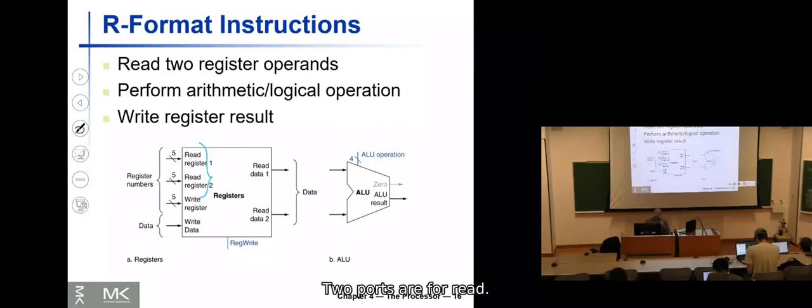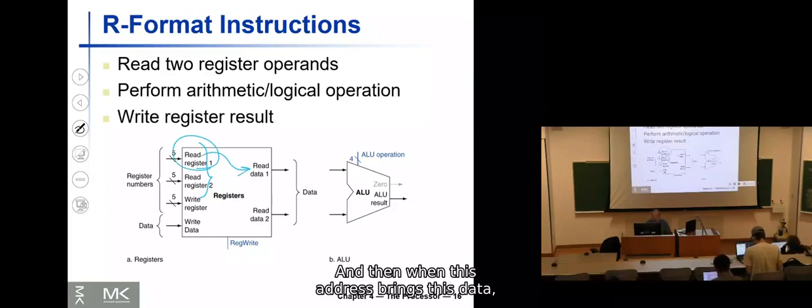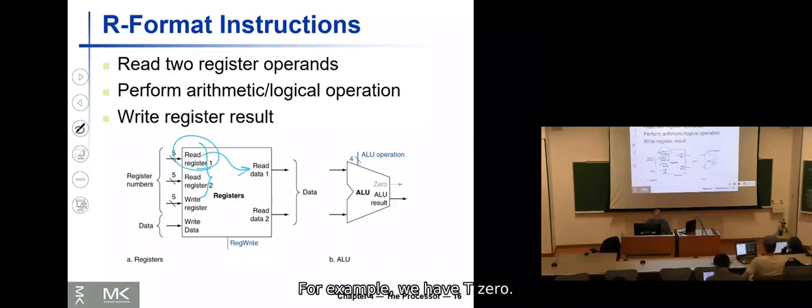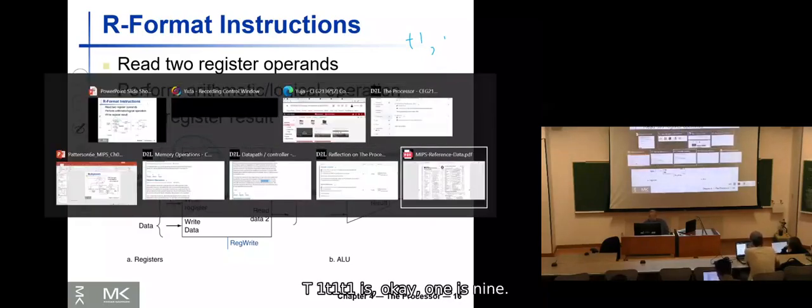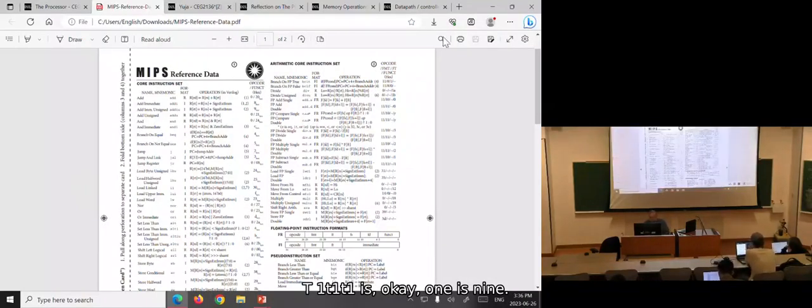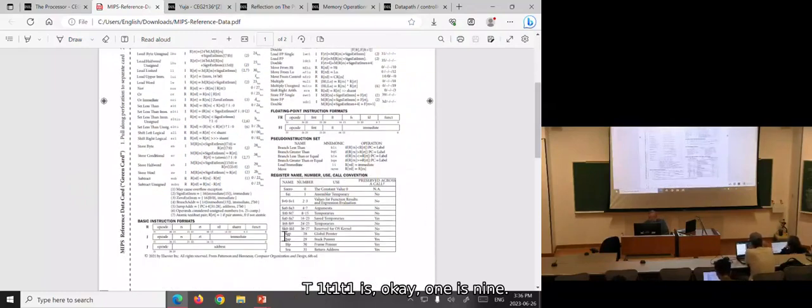So 2 ports are for read, and then when this address brings this data, this is the register file. For example, we have T0, T1, T2. Okay, T1, how much is it? Let me see. T1 is 9. T0 is 8.